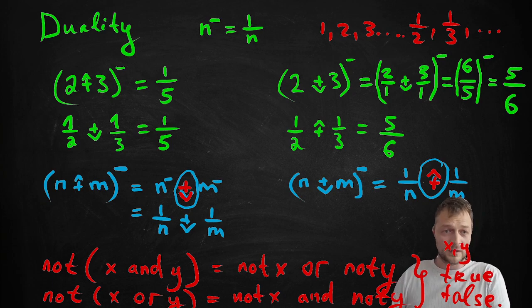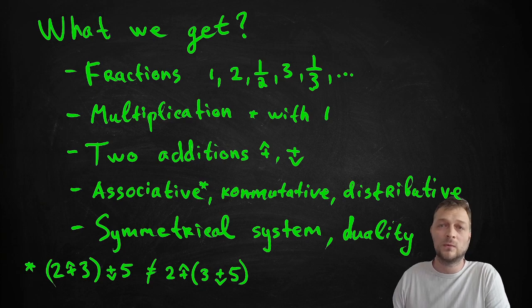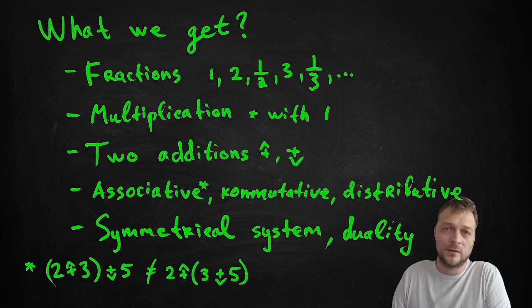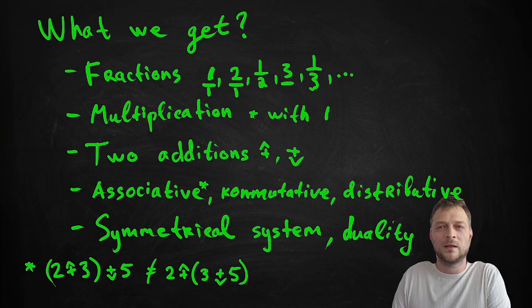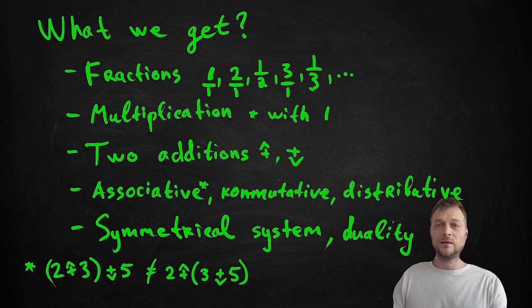Okay, so what's the conclusion? We got numbers in the form of fractions, so I can clearly write 1 as 1 over 1, 2 as 2 over 1, and 1 over 2, and then 3 over 1, and 1 over 3, and so on. So we have completely symmetric numbers.